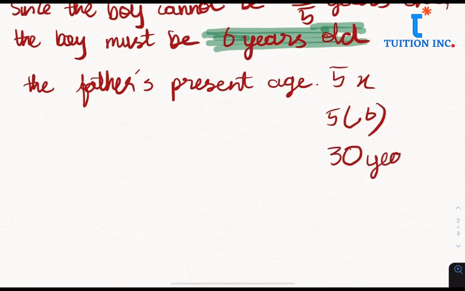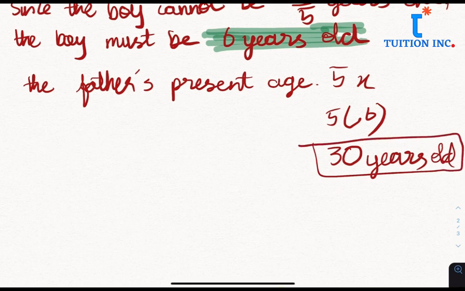Thus father is 30 years old. Hence we have the present ages of the father as well as the son.